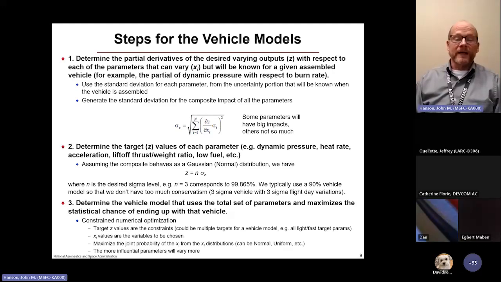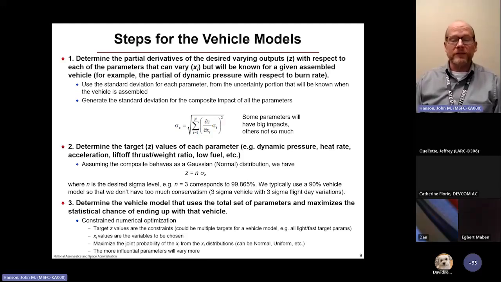Assuming that the composite behaves like a Gaussian distribution, the target parameter is just the number of standard deviations times the standard deviation that we just calculated. And so, for example, n equals 3 would be 99.865%.